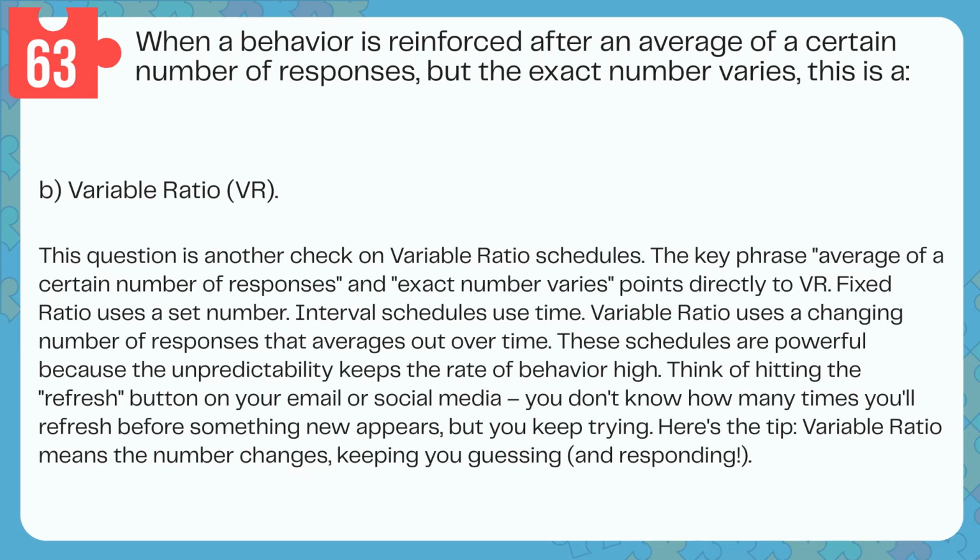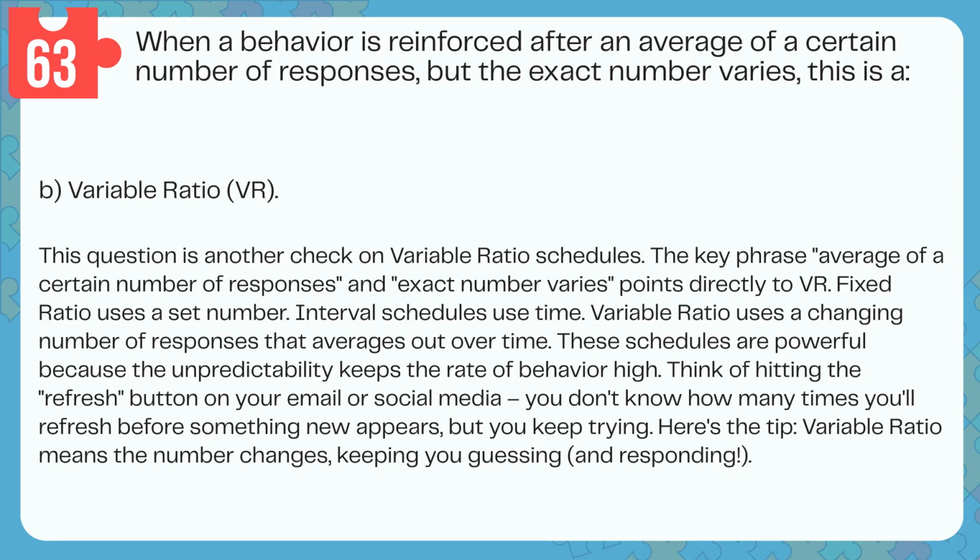Answer B. Variable ratio, VR. This question is another check on variable ratio schedules. The key phrase, average of a certain number of responses, and exact number varies, points directly to VR. Fixed ratio uses a set number. Interval schedules use time. Variable ratio uses a changing number of responses that averages out over time.